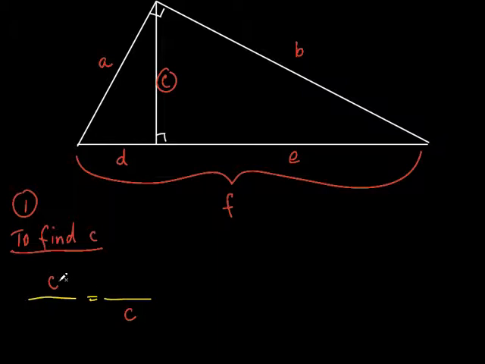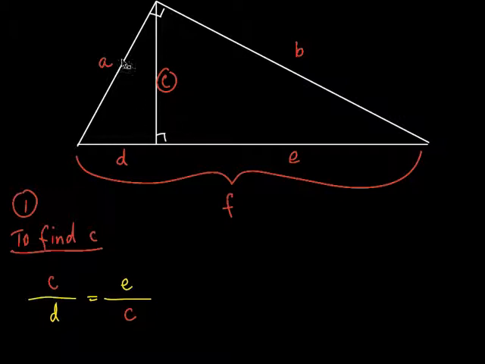So C is the geometric mean between D and E. Now, you know what they're going to do here. They're going to put a number in for D and for E. And so in order to solve for C, you put it here, you cross multiply, you get C by itself. And you can actually find the length of this altitude just knowing those two segments, right? Pretty easy? So that's how to find C.